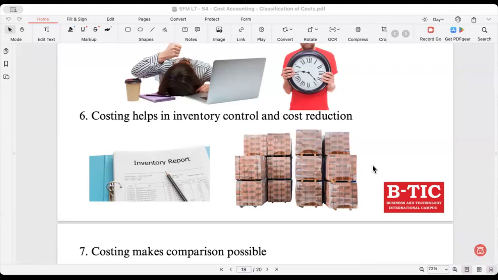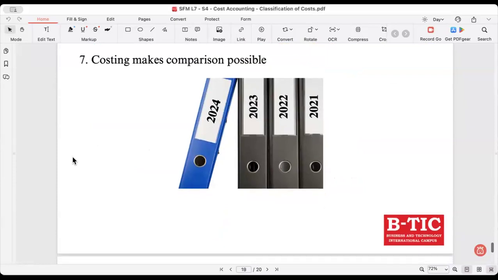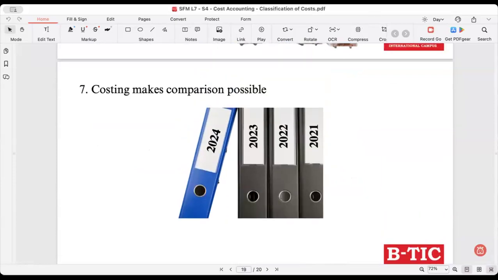And then you have the finished goods. Finished goods means completed products. So costing helps in inventory control and cost reduction. And finally, costing makes comparison possible. If the costing records are regularly kept, the costs incurred last year and the costs incurred this year can be compared.